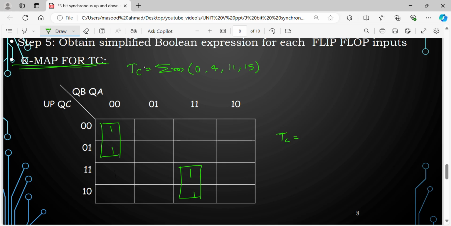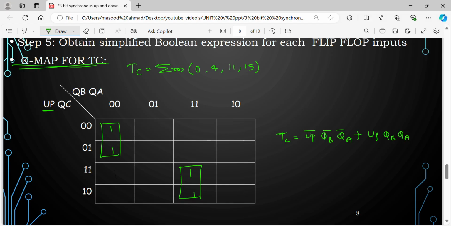TC turns out to be QA bar, QB bar, up bar, because this is 0. Okay, up is MSB, right? So up bar, then QB bar, QA bar. Plus, in this case up, QA, QB, and QA.